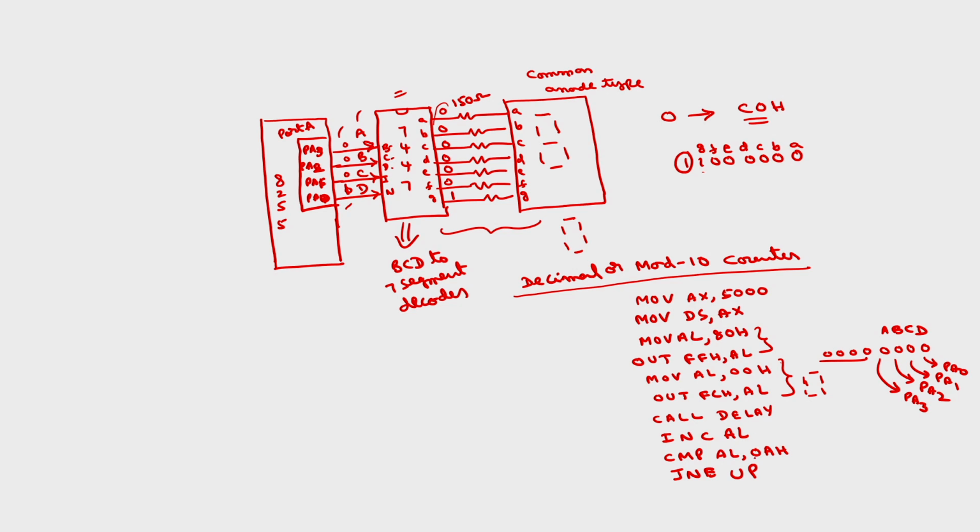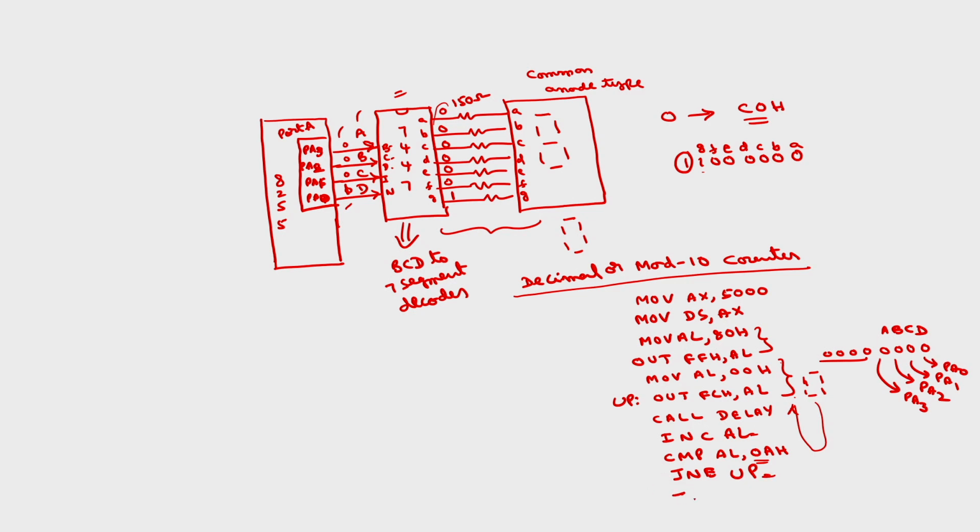This up is the label where the incremented value is output. So this will display 1 now, then in the next loop it will display 2, next 3, next 4, next 5, up to 9. After 9, AL becomes 0AH, and we are comparing this 0AH with 0AH. So this will be equal, the jump condition will be false, and it will come out of the loop.